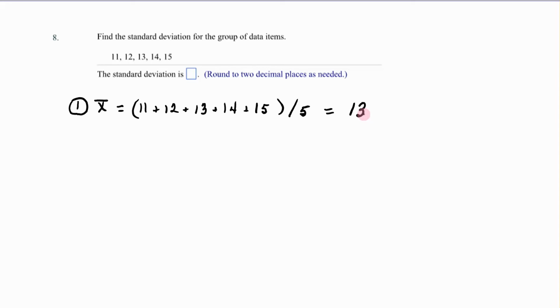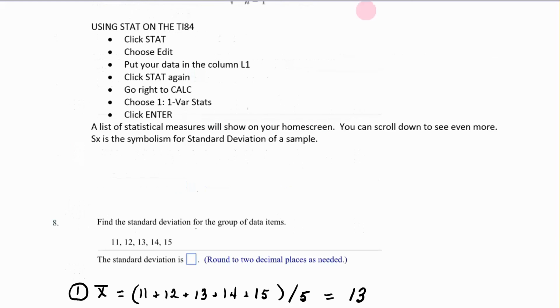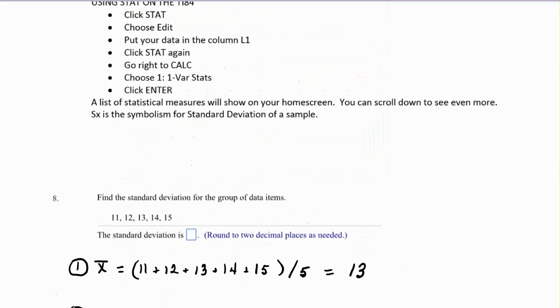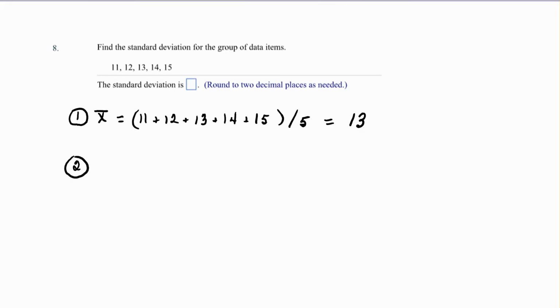Step 2. And I am getting these steps from this right here. Find the deviation. All right. So the deviations: I have 11 minus 13 is -2.